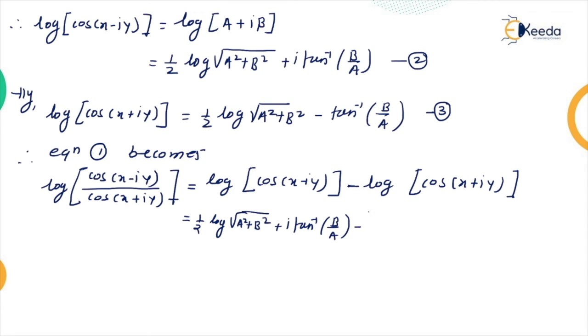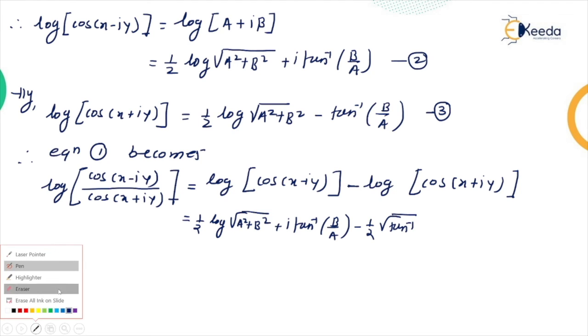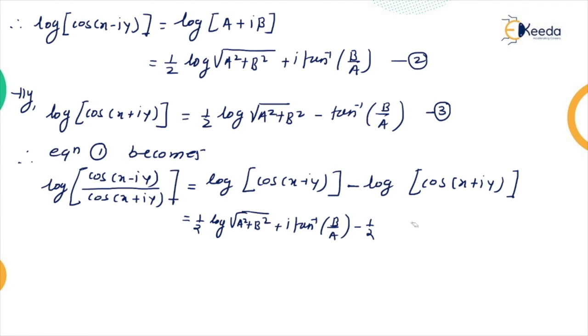Next, minus of this value. I am taking the minus sign to this value, so it becomes minus 1 divided by 2 log of under root a square plus b square, and minus minus becomes plus, so plus i tan inverse of b divided by a.